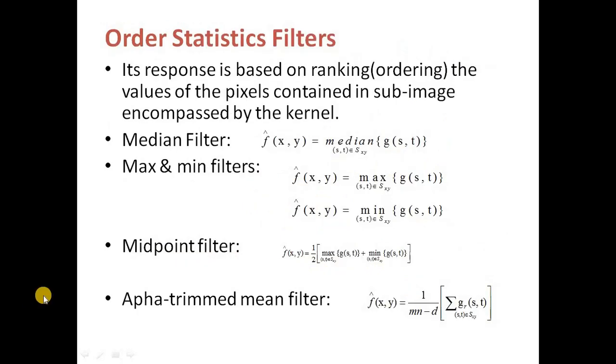So now coming to the order statistics filters. The order statistics filter is that category of spatial filters in which the response is based on ranking the values of pixels contained in the subimage encompassed by the kernel.